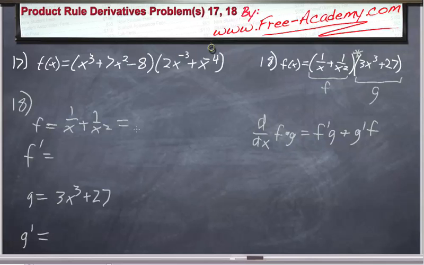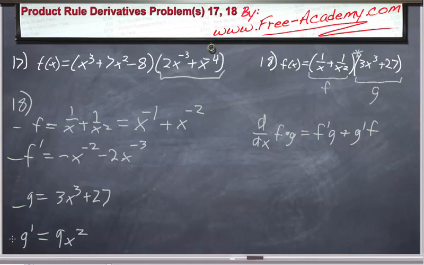We'll rewrite f: 1 over x is equal to x to the minus 1, and 1 over x squared is equal to x to the minus 2. Now we can apply our power rule to get minus x to the negative 2 minus 2x to the negative 3, which are very similar derivatives to the ones we did in the first example. To find our g prime, this is a little bit more straightforward. It's 9x squared, and the 27 goes to 0 when we do the derivative.